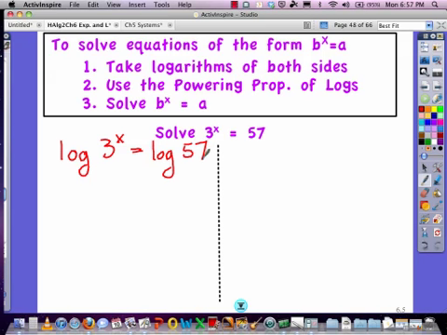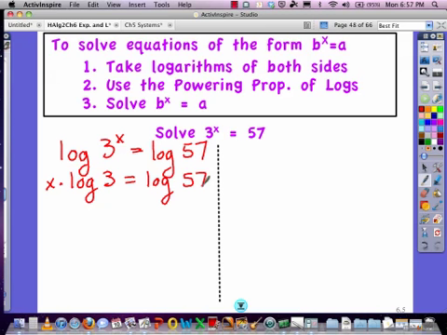And then we should be able to use the powering property of logs. So that exponent of x comes down as a multiplier. So I now have x times the log of 3. And you'll notice now everything nicely is sitting on the same level.